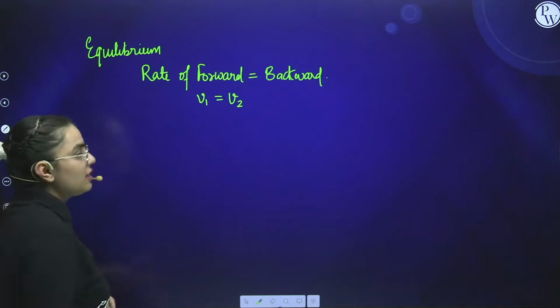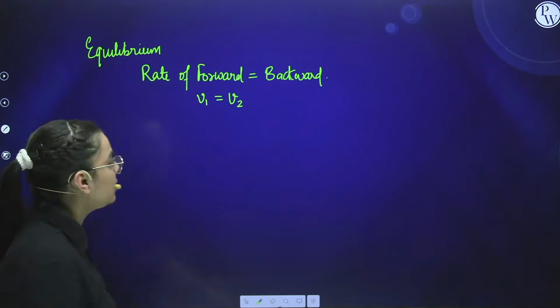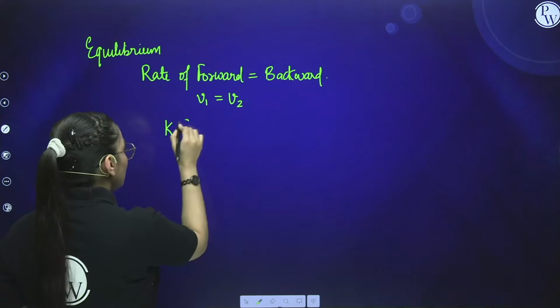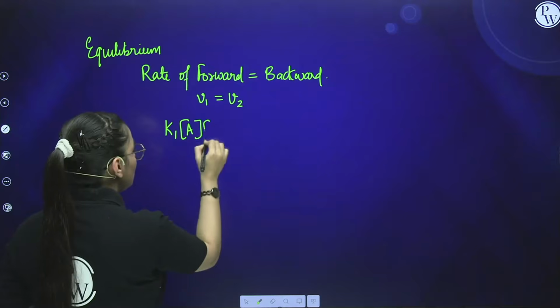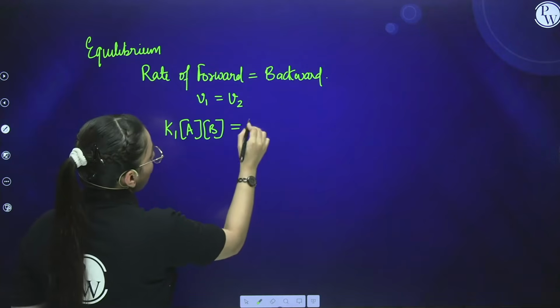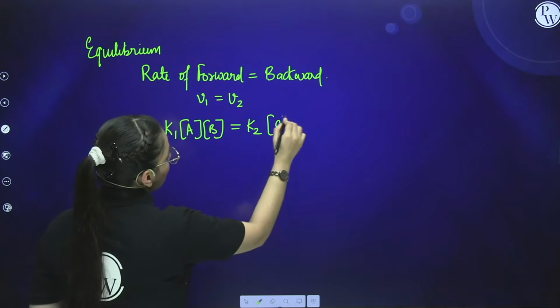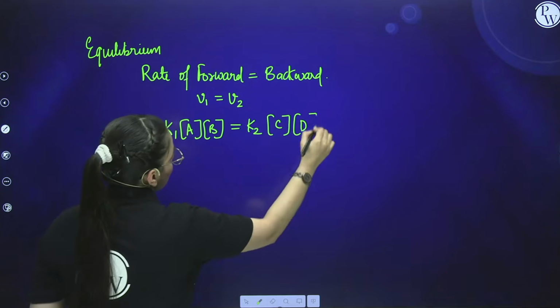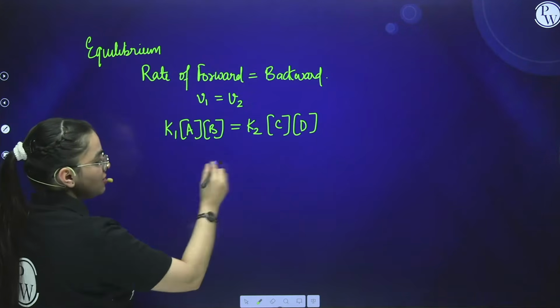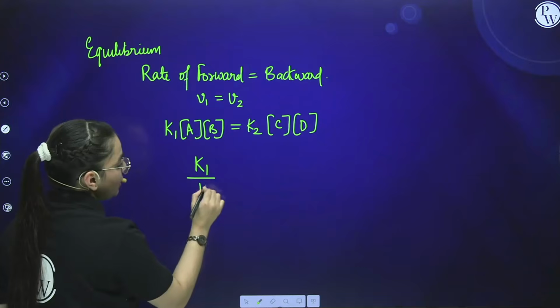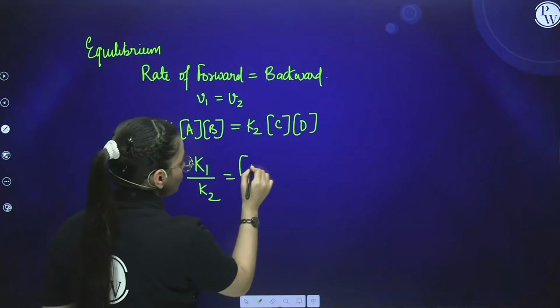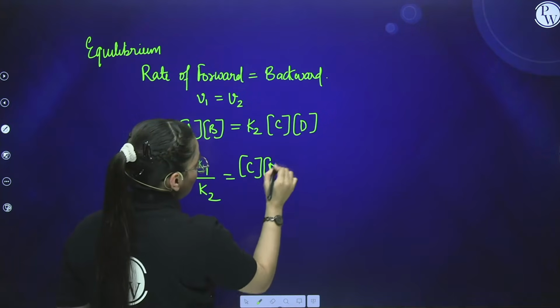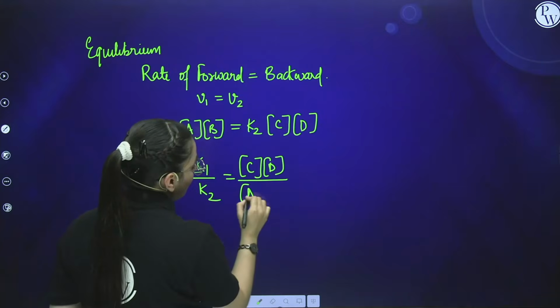V1 is K1 into [A] into [B]. V2 is K2 into [C] into [D]. Now if I take K2 over here and these terms over there, I get K1 by K2 equals [C] into [D] upon [A] into [B].